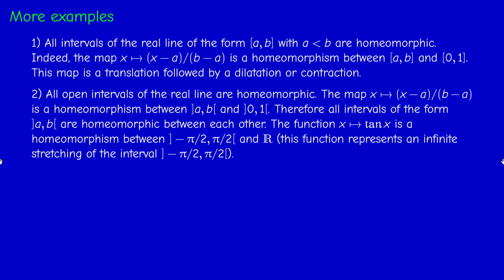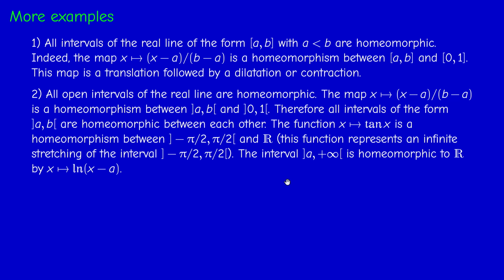But what is less trivial is why, for example, (0, 1) is homeomorphic to R. Here we know that (0, 1) is homeomorphic to (-pi/2, pi/2). Just take a equal to -pi/2 and b equal to pi/2. But we know that the tangent is a homeomorphism from (-pi/2, pi/2) into R. So therefore, we have a homeomorphism between (0, 1) and R.